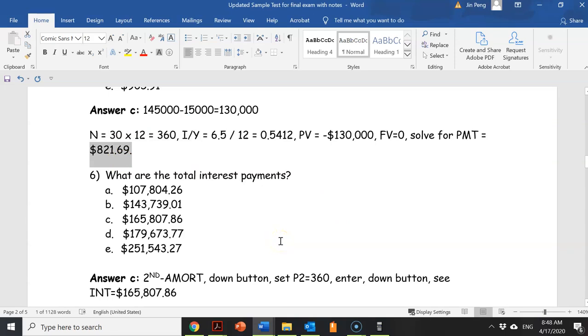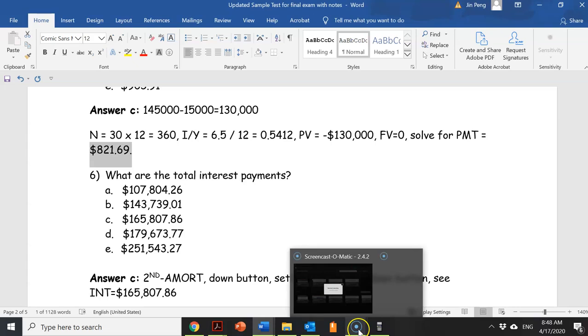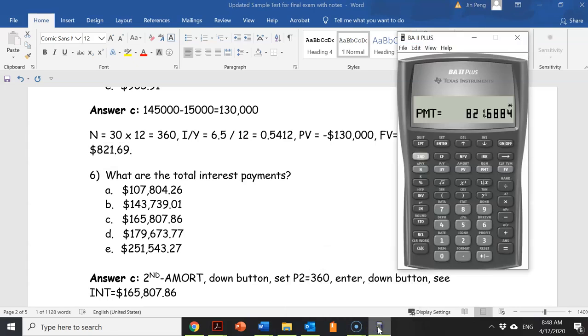In order to solve for the total interest payments, the first way to solve this question is to go to our second amortization table. I've already made sure you solved for the payment on your financial calculator.